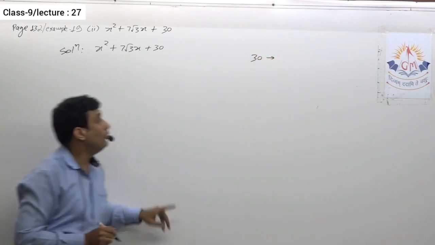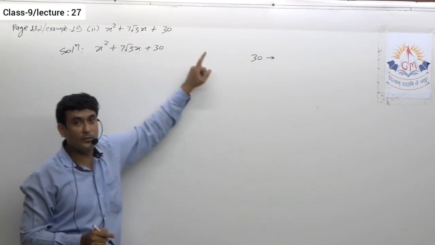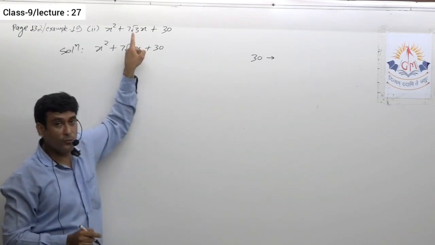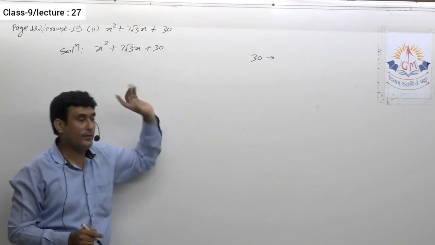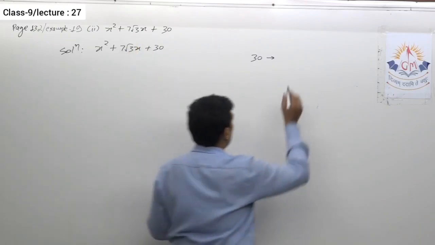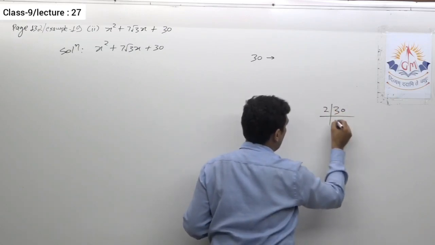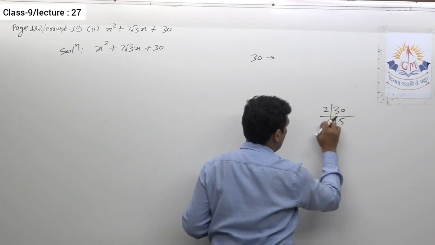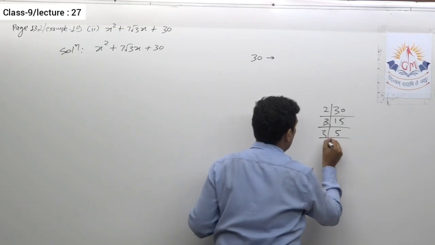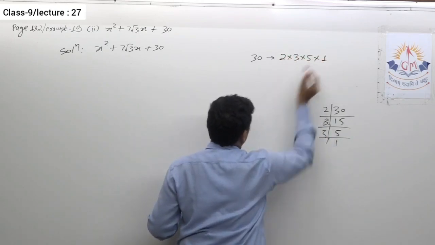As I told you, if the middle term contains root 3, definitely one of the factors will be 3. If the middle term contains root 5, definitely one of the factors will be 5. Here it is root 3, so one of the factors will be 3. So I find the factors of 30 as 2 multiplied by 3 multiplied by 5 multiplied by 1.